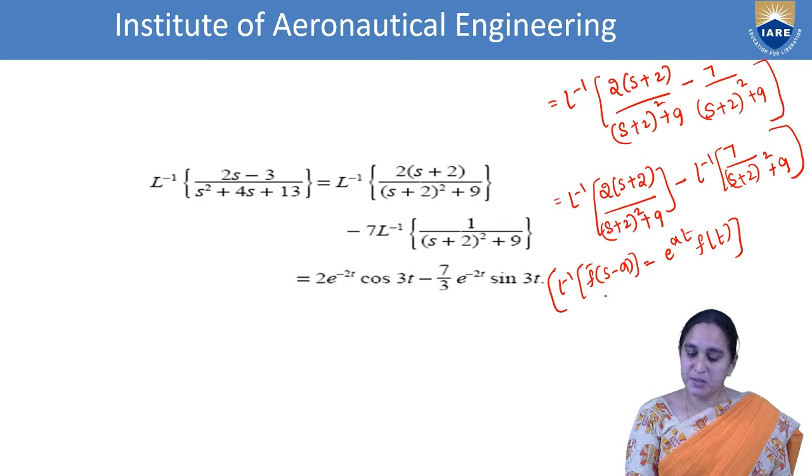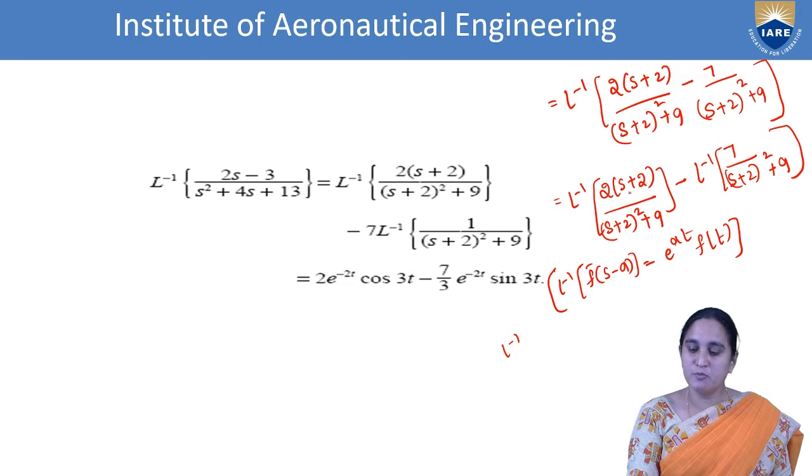Now I'm applying this condition on the above step. Here, what is a? From the above step, I convert (s plus 2) by ((s plus 2) whole square). That means a is minus 2. That is Laplace inverse of 2 into (s plus a) by ((s plus a) whole square plus 9). By using the first shifting theorem, I'll write that in the form e power at into f of t.